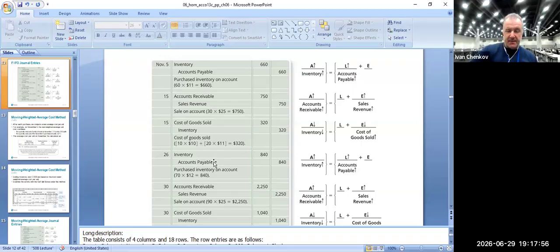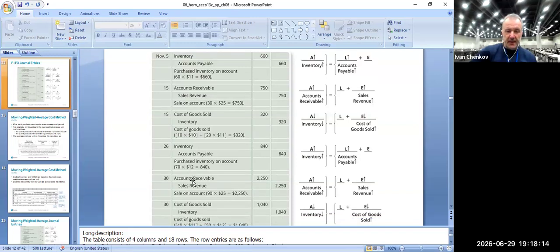What's going to happen next? On November 26th, we're going to purchase another 70 units. So debit inventory, credit accounts payable with 840, because we purchased 70 units at $12 per unit. And after that, we're going to sell 90 units. Credit sales revenue, debit accounts receivable.